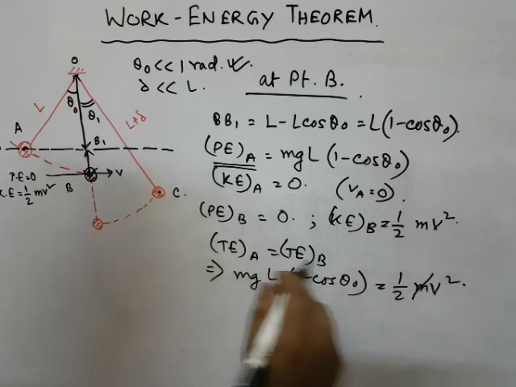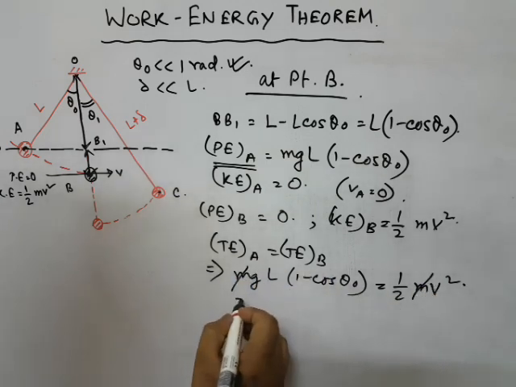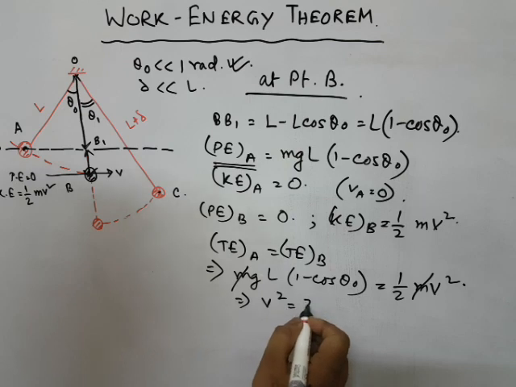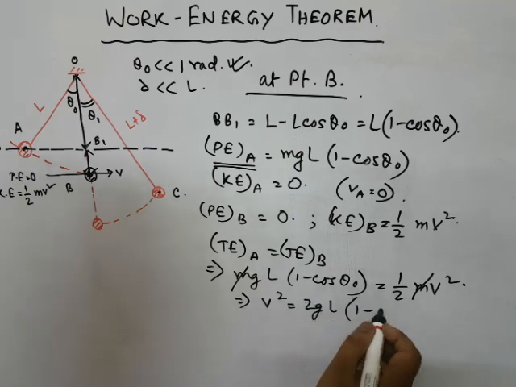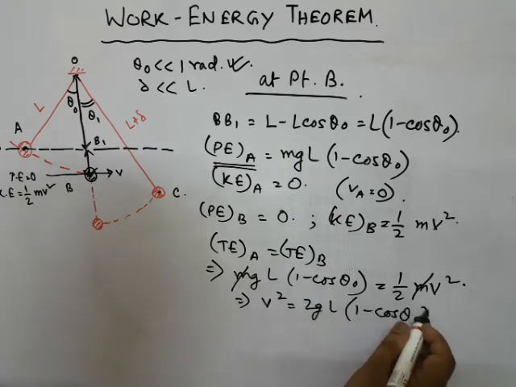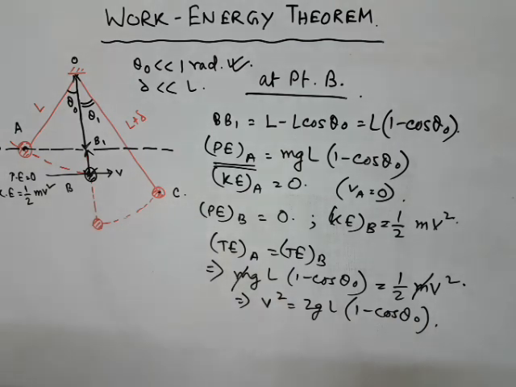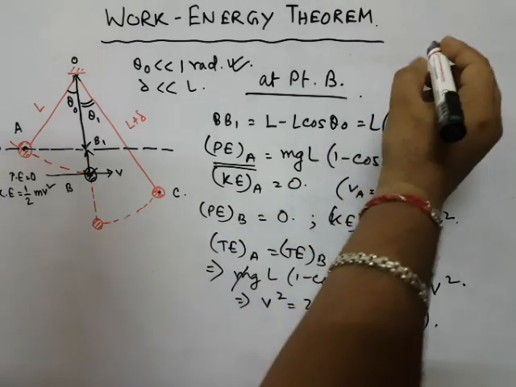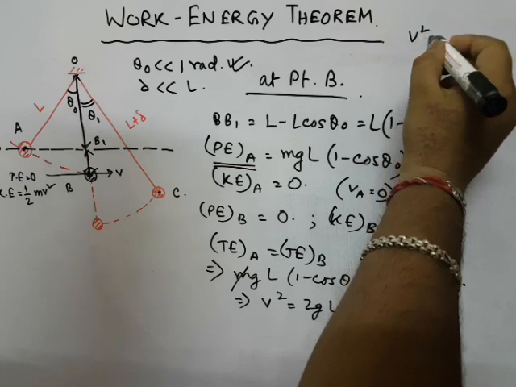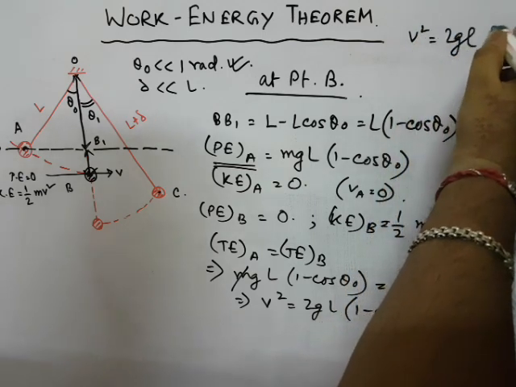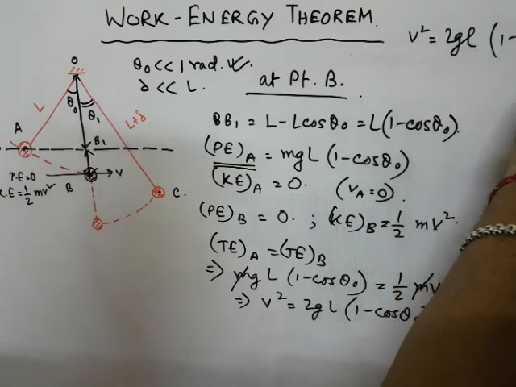The m cancels out and you get v square equals 2gL into 1 minus cos theta naught. Let's keep this here.